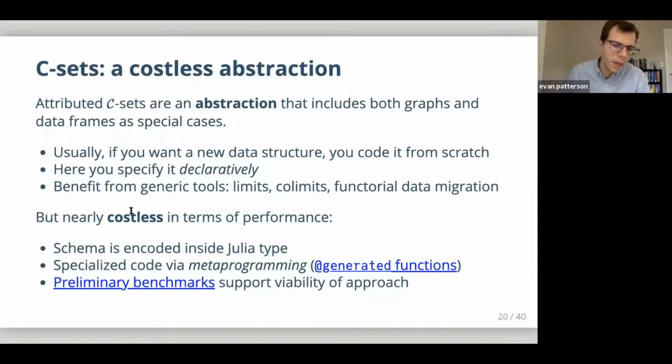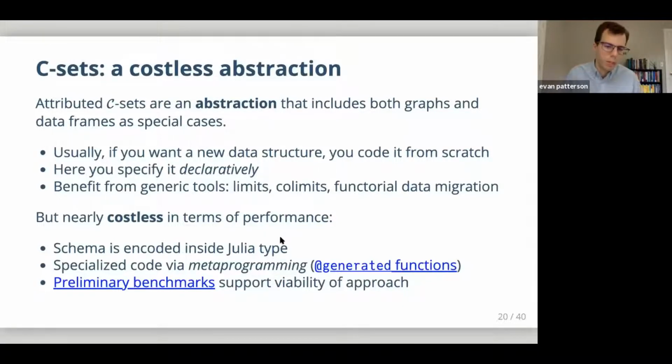Okay, but due to features of the Julia programming language, we can make this abstraction nearly costless, right? Because we can actually encode the schema completely inside a Julia type, and then generate specialized code for that type via metaprogramming, specifically through a device in Julia called generated functions, such that the methods that get generated for the graph type are as if you had written a custom data structure for graphs.